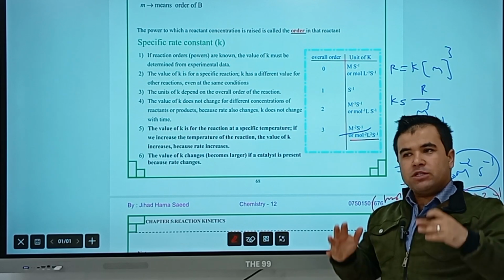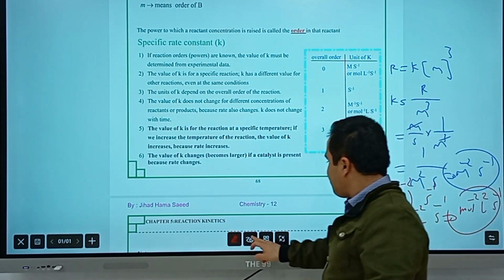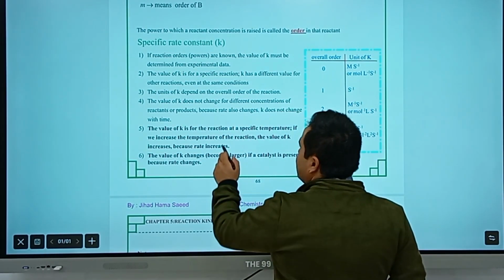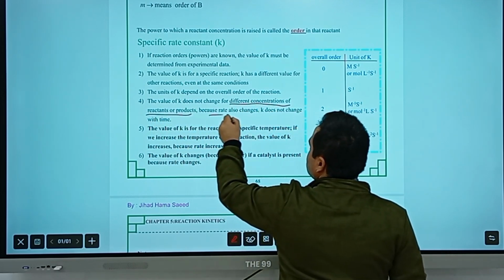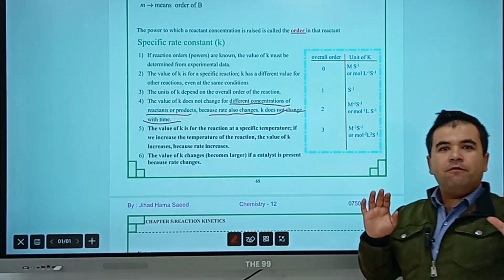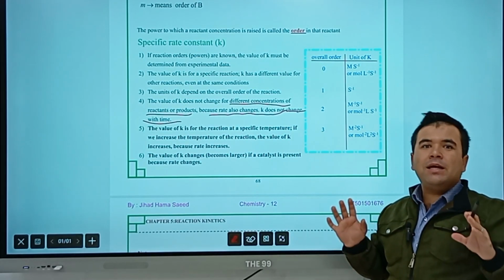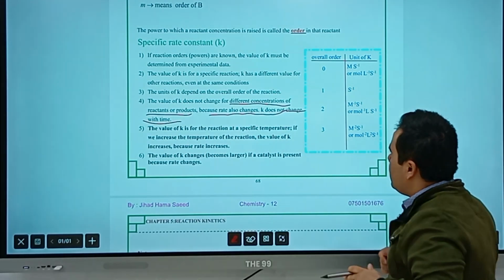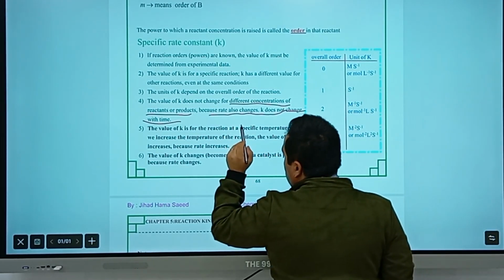This is very important because sometimes through the unit we'll be able to determine the order of the reactions as well. The fourth, guys, the value of K does not change for different concentrations of reactant or product, because the rate also changes. K does not change with time. Guys, the value of K does not change with the concentration.